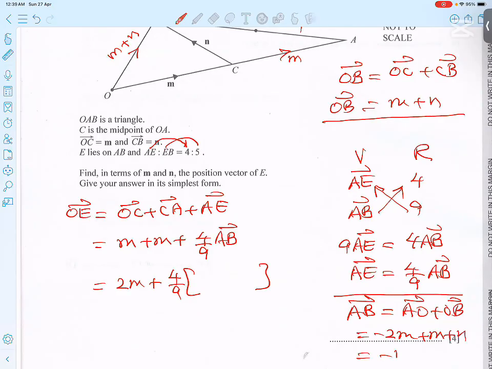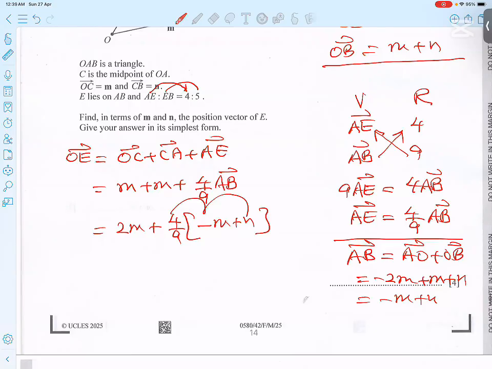So I got the value of AB, minus 2m plus m plus n. I have two choices. I can multiply inside, choice number one, which is better because some students get confused otherwise. Plus into minus, minus 4 over 9 times 2m plus 4 over 9 times 2n.